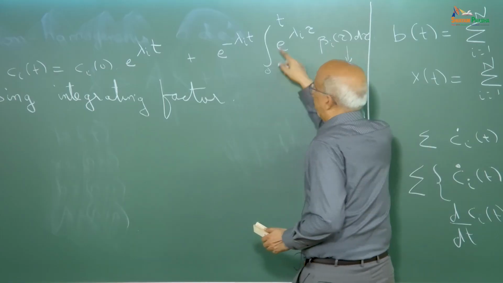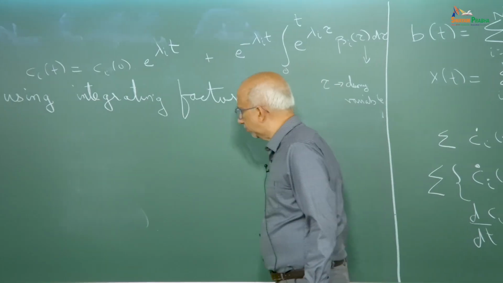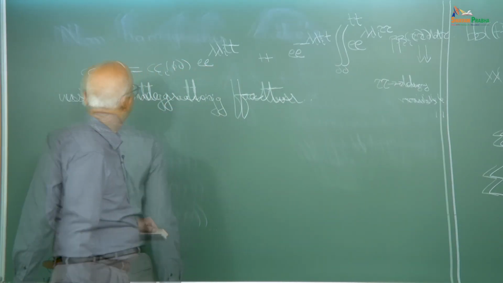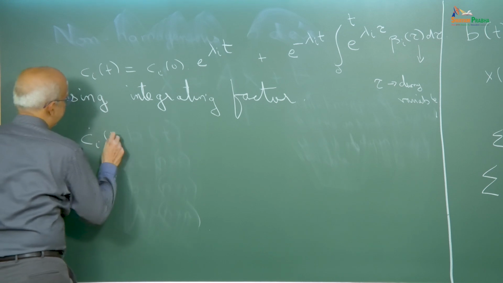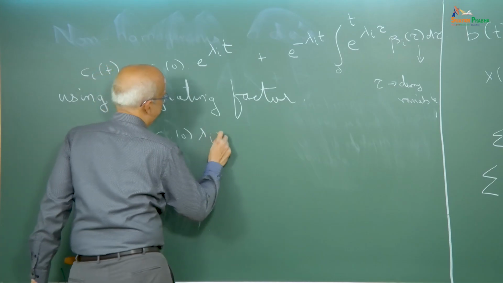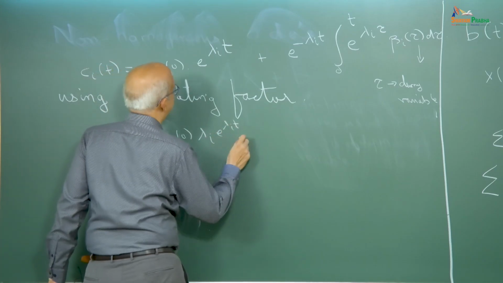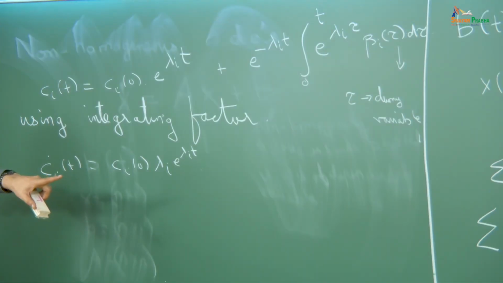When I am integrating it between these two limits, I will get a function of time, okay, t. Let me differentiate this, c_i dot of t is c_i(0) lambda_i e^(lambda_i t). What I am doing is I am just seeing if it satisfies the differential equation. So, I am just going to differentiate this with respect to time.